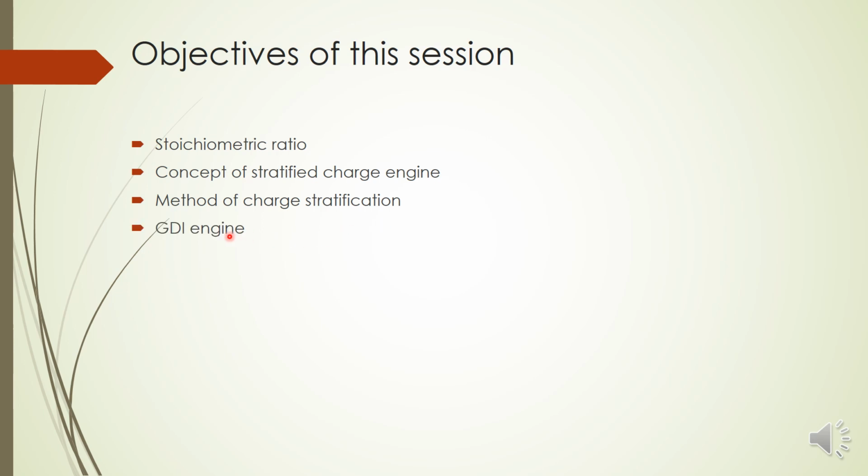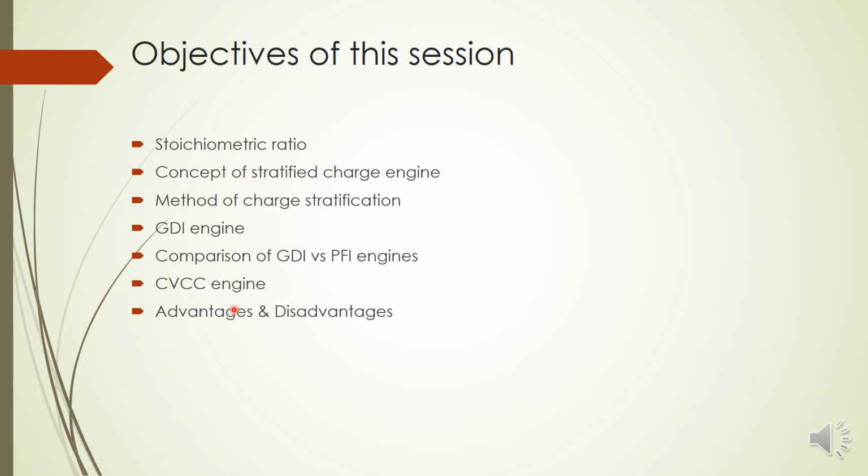And we will discuss GDI engine, comparison of GDI versus PFI engines, and CVCC engine also. Then finally we will have the advantages and disadvantages of charge stratification. So these are today's major objectives.